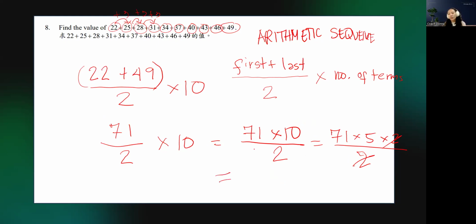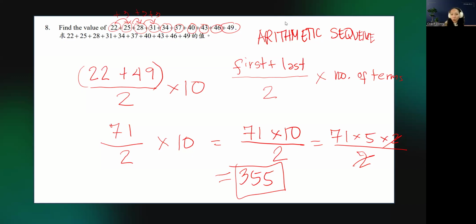So you're now left with 71 times 5. And 71 times 5 is 355. This is now our answer. So it's much quicker if you do this instead of adding them one by one, which is really prone to error. You are likely to commit errors if you do adding manually.